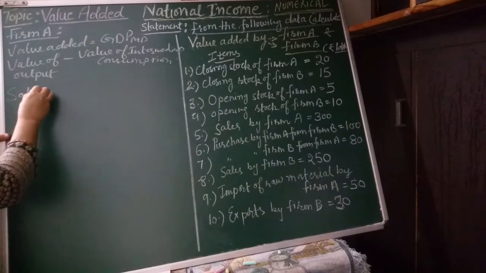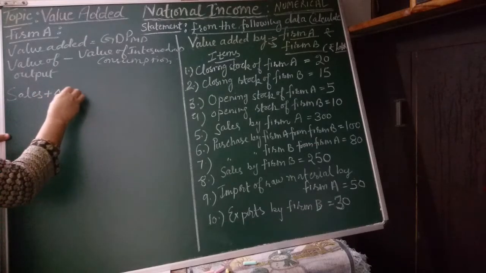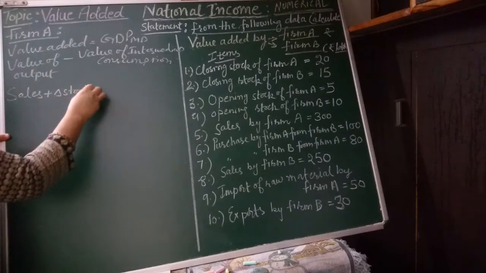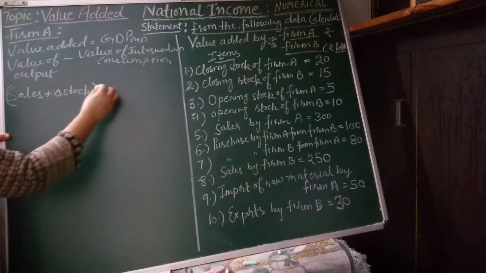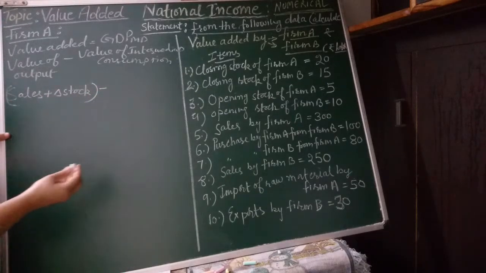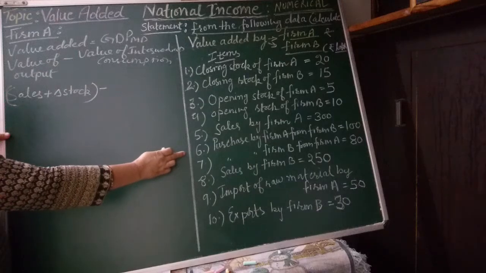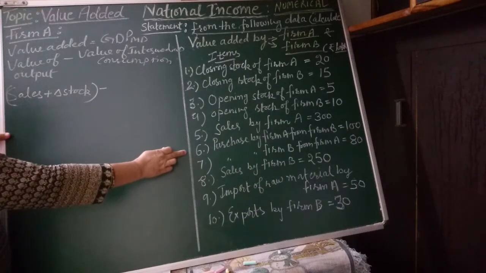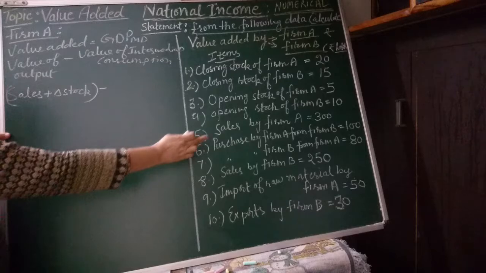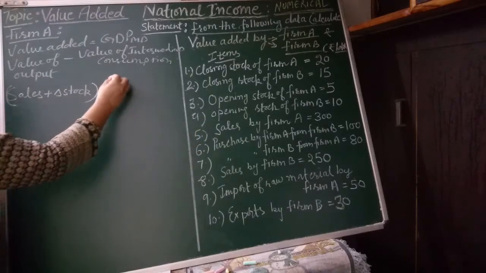Rather, we know that sales plus change in stock is equal to value of output minus value of intermediate consumption, that is not given. Rather, purchase by firm A from firm B, that is given.